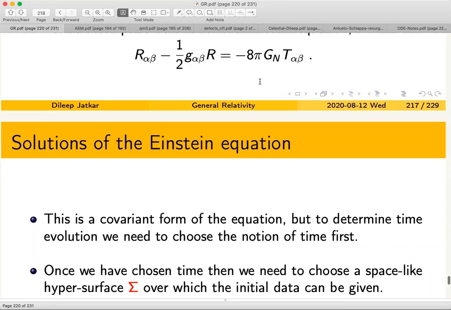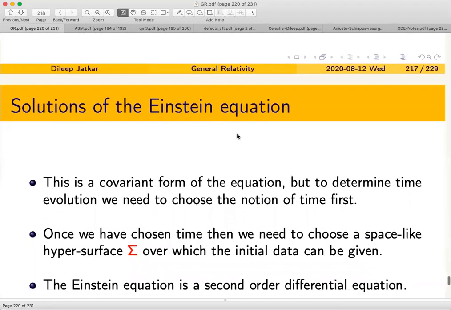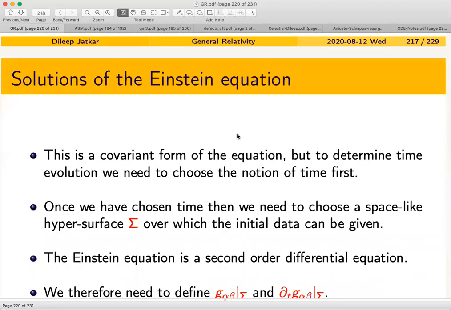Nevertheless, what you need to do is find ways of defining a notion of time. Once you define a notion of time, then with respect to that notion, you could define a space or a hypersurface, to which the unit vector of time is orthogonal. Remember, any surface is defined by a vector orthogonal to it.